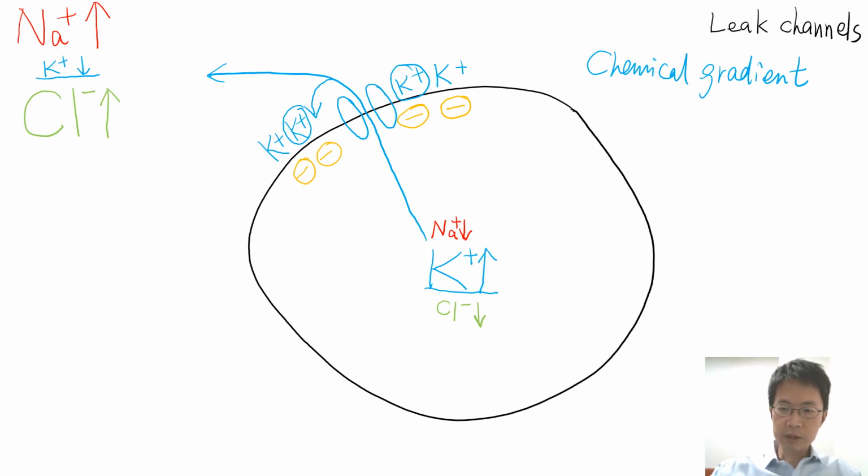So potassium like this, they want to go back to meet with the negative charge. Because opposite charges attract, we call this the electrical gradient.